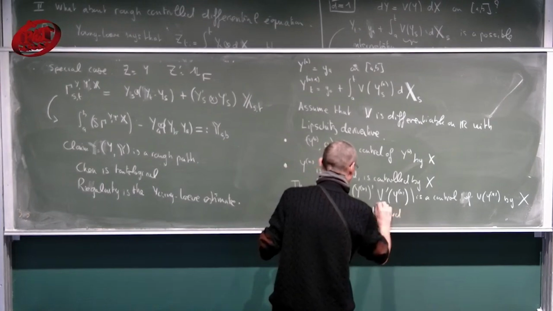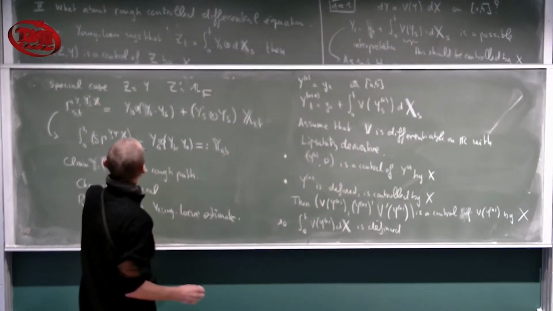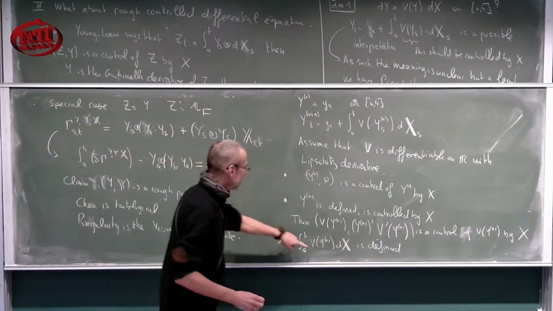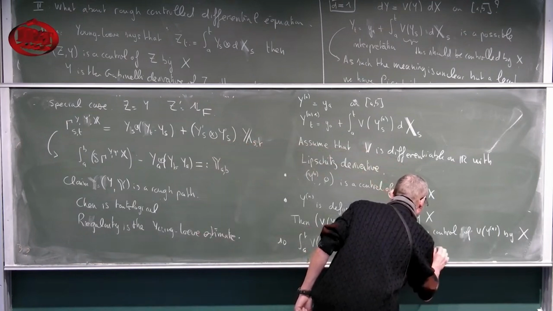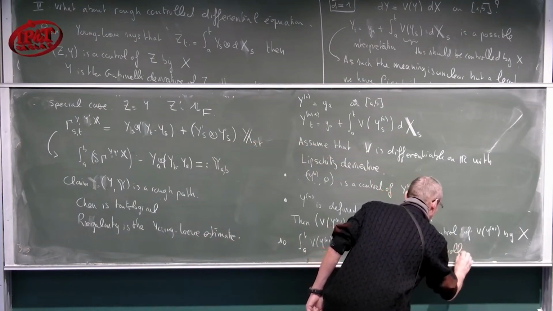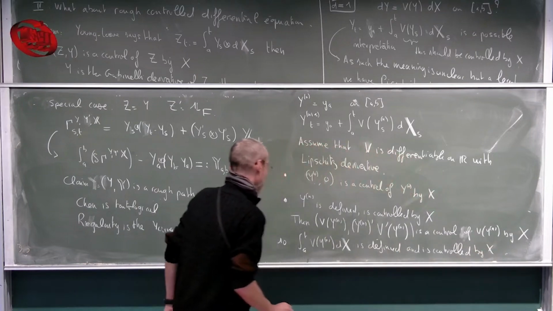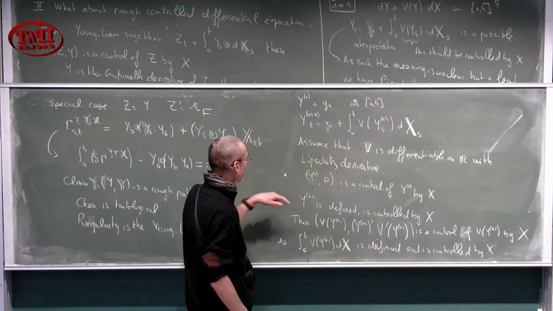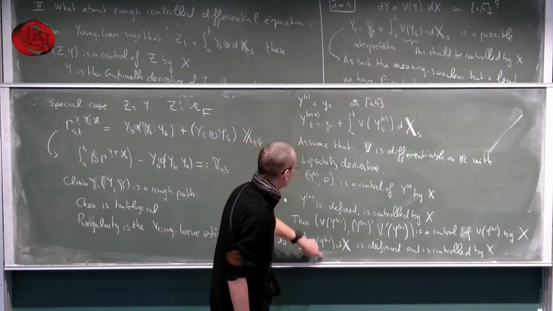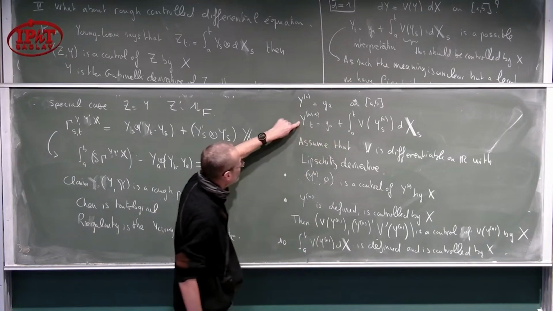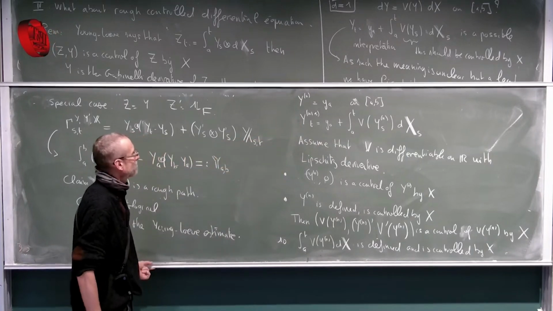And by Young-Love, this is defined and is controlled by x. And so we infer that, because y_{n+1} is defined by this formula, it is controlled. I add a constant, so this is also controlled. And so I can go to the next step.